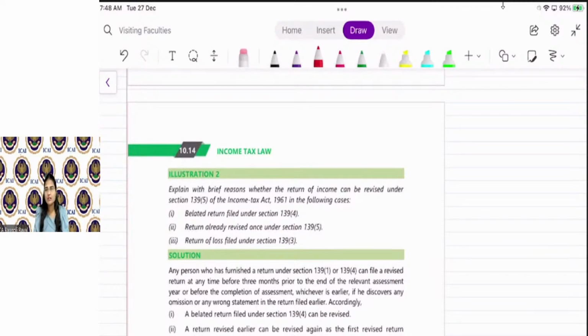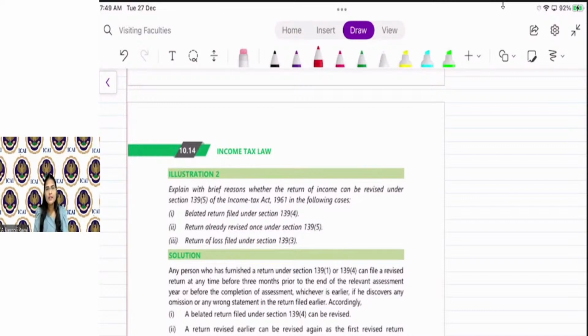As I have already discussed, you can file a revised return for whatever mistake you recognize in your return. You can file revised return even if the first return, that is the original return, is not filed within due date. Even if the original return is belated return, then also you can revise return, but yes, up to due date.